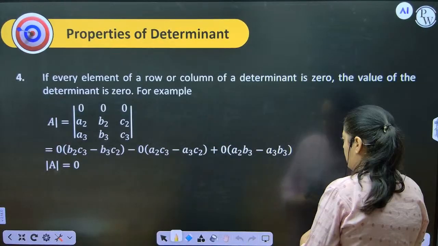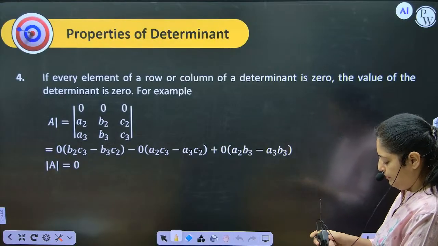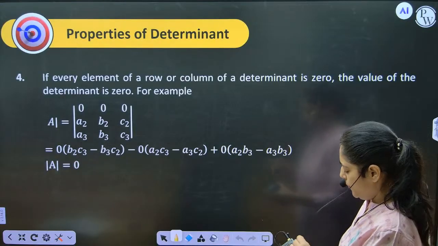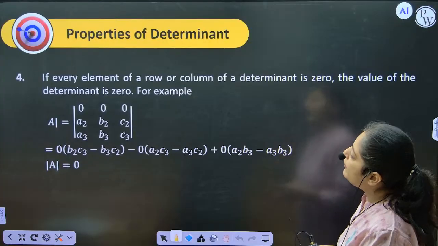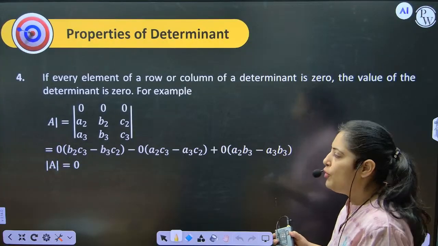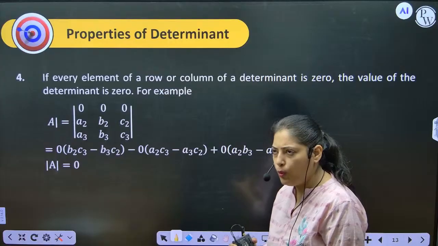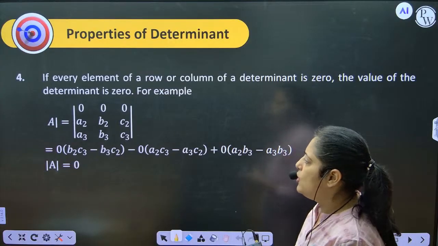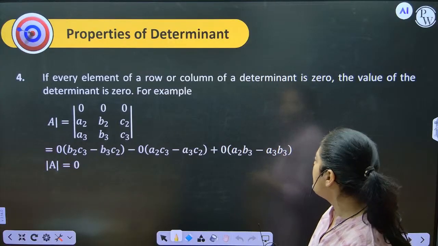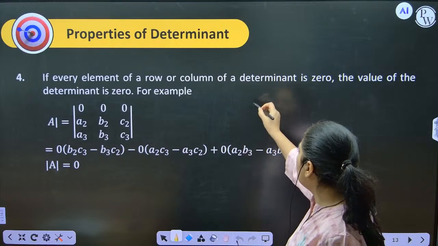Next, fourth property. If every element of any row or any column is 0, only one I am talking about.